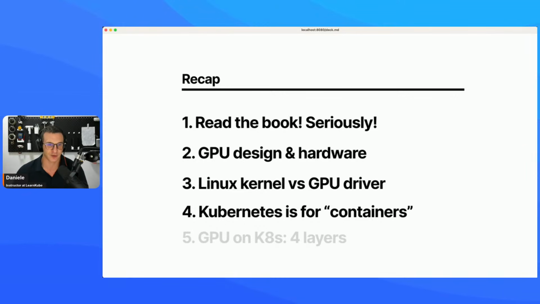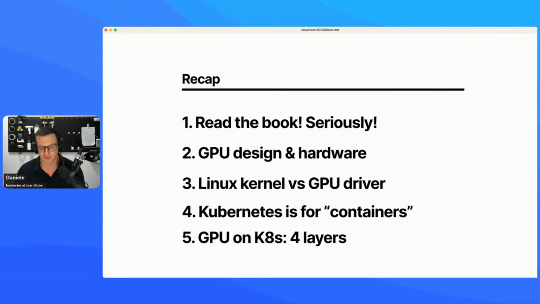It doesn't go through the Linux kernel. So all the things that we use with the Linux kernel, like CPU slicing and the completely fair scheduler, are not useful because they're not applied to the GPU. So it looks like the GPU is something completely different, which doesn't fit in the current way of thinking about how we deploy containers.